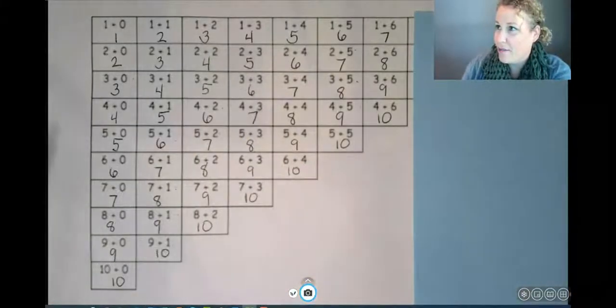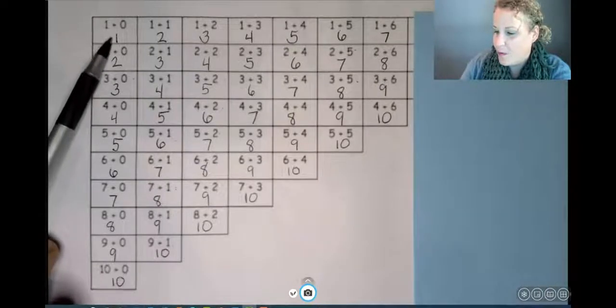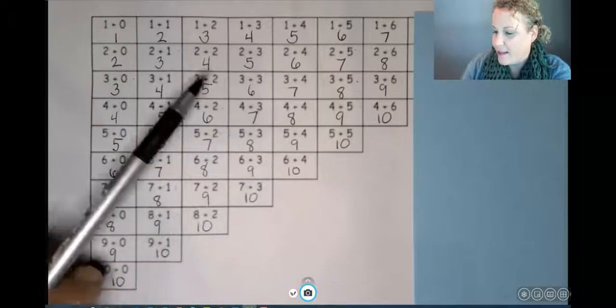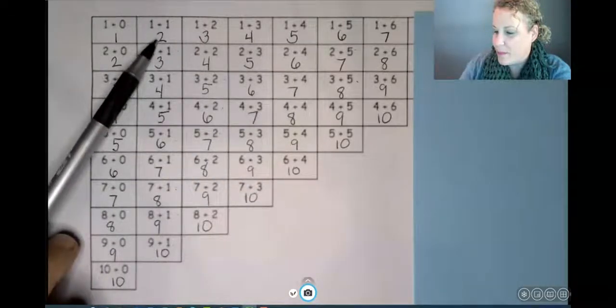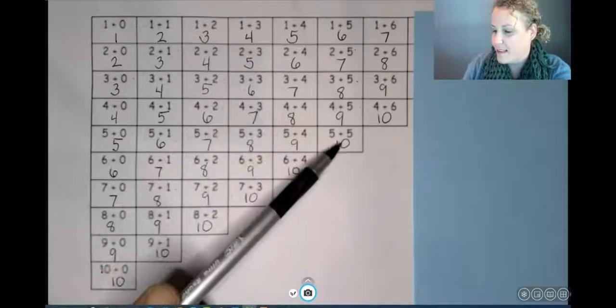We have odd numbers diagonally going down: 1, 3, 5, 7, 9. And here's those skip counting by 2 numbers, the even numbers: 2, 4, 6, 8, 10.